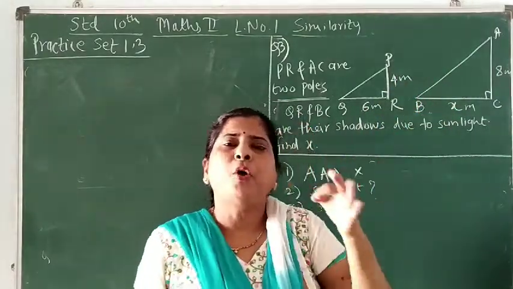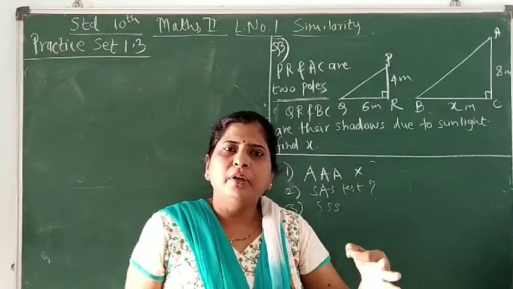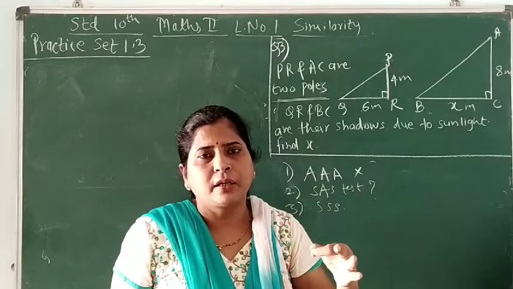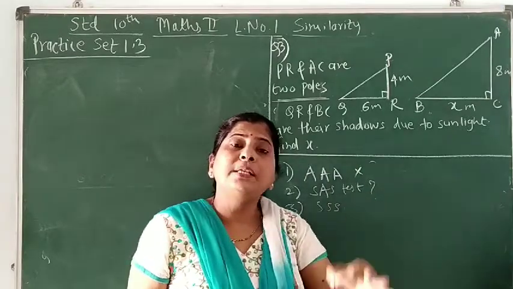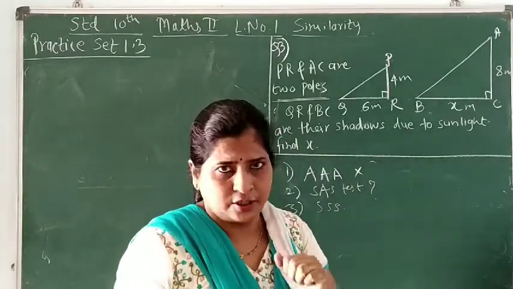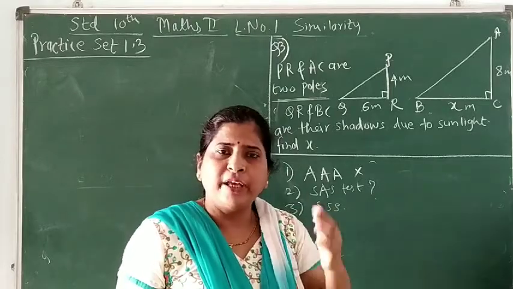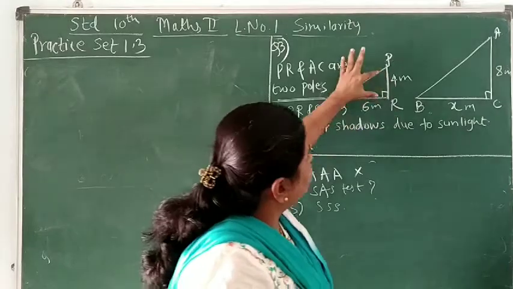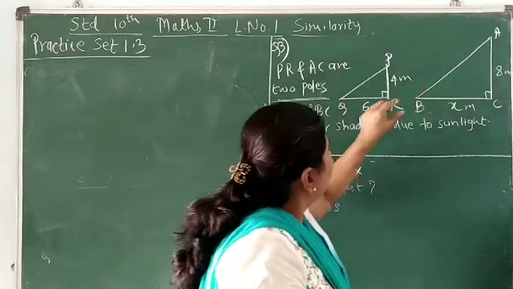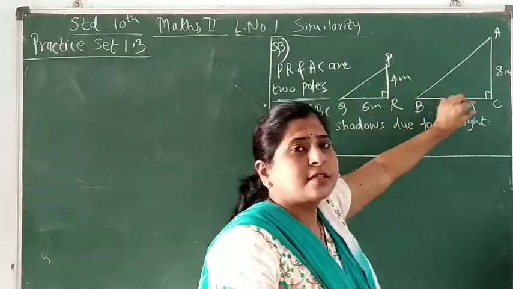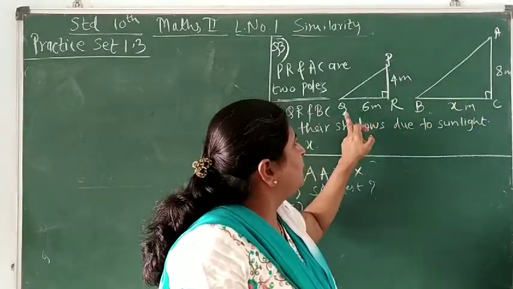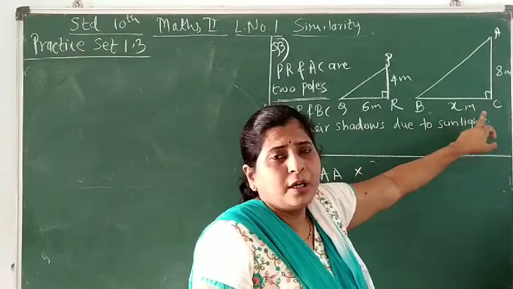At any point of time, whenever we get the shadow of any object, it will always be in proportion to the height. So if the ratio of the heights is equal to the ratio of the shadows, then PQ upon AC, whatever ratio, should be the ratio of QR upon PC.